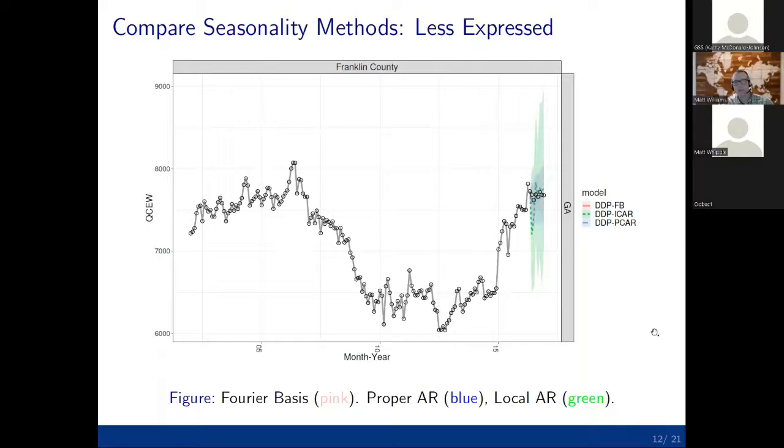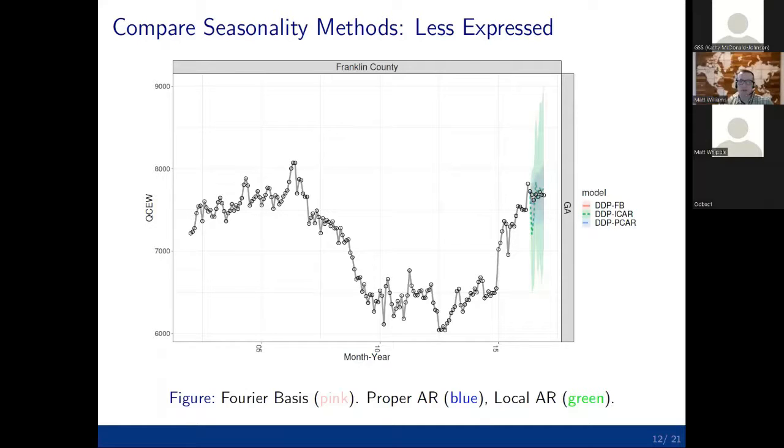When seasonality is less expressed, this local one, the green one, is too sensitive to the previous 12 months. You see that it picked up on a spike at the bottom here. So it's a little bit too sensitive for this kind of county, but the other one, the blue one, what we're calling the global one, seems to do okay.